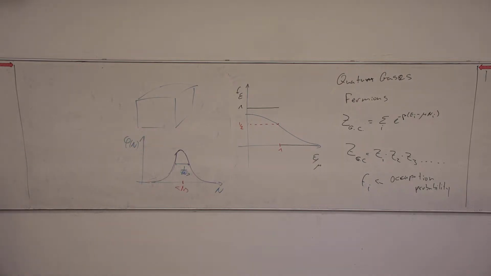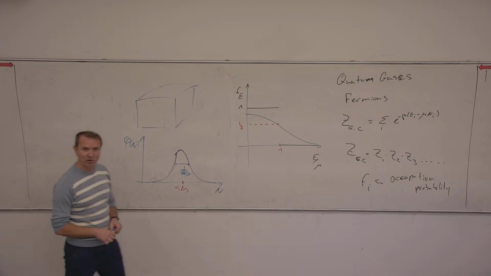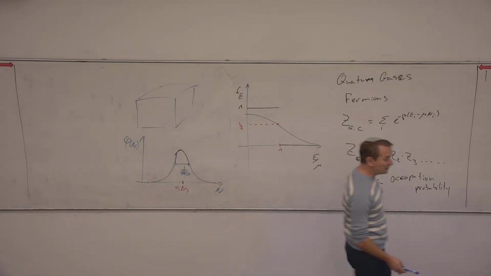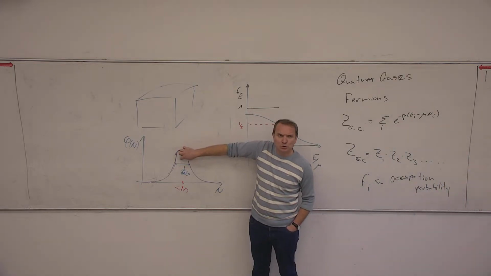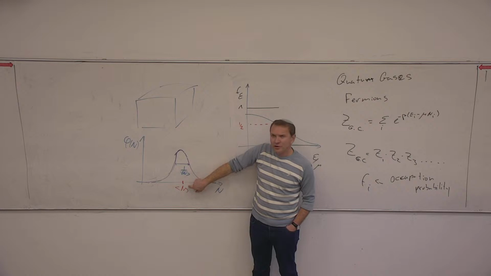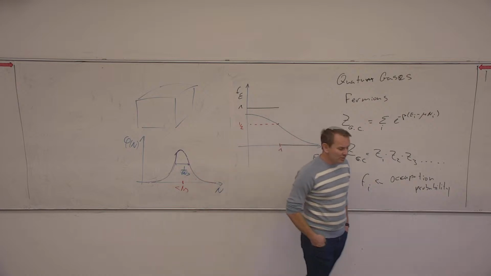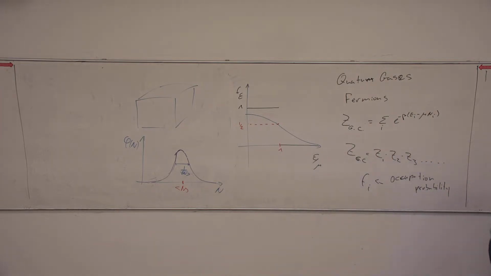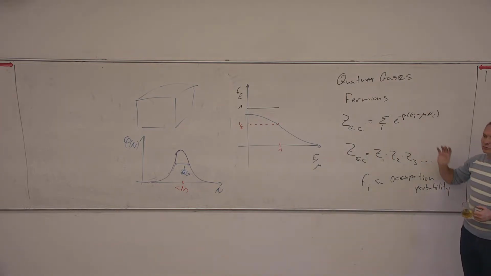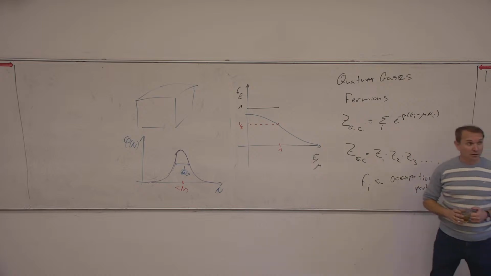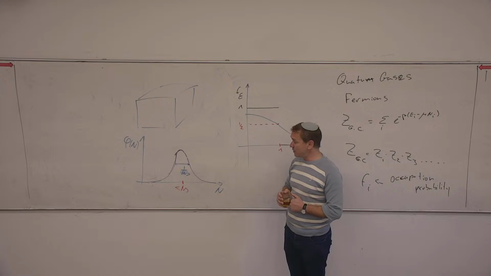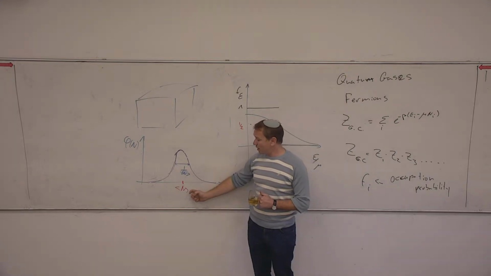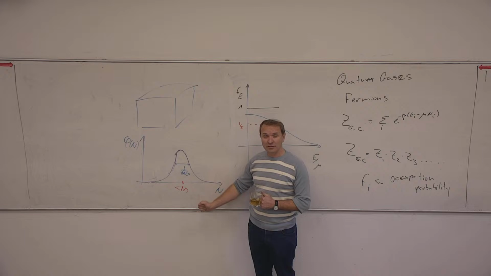So when I'm looking at a system with a large number of particles, I can assume that the width of this distribution is extremely small compared to the average number of particles. Therefore, the next assumption is, well, I'm going to use this formalism because it's actually treating the Pauli exclusion principle really nicely, but I'm going to switch to something different.